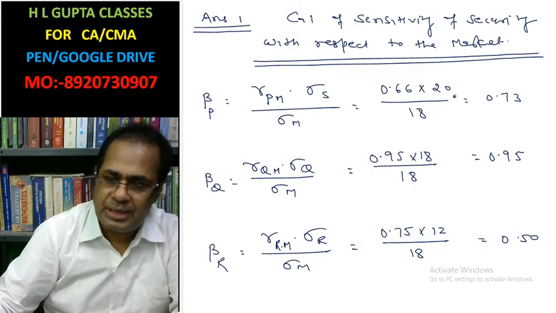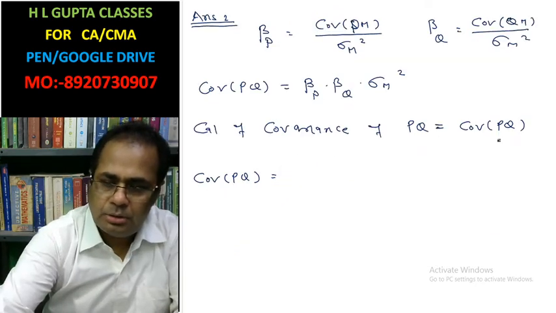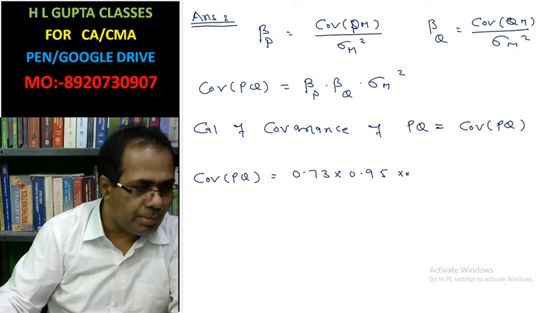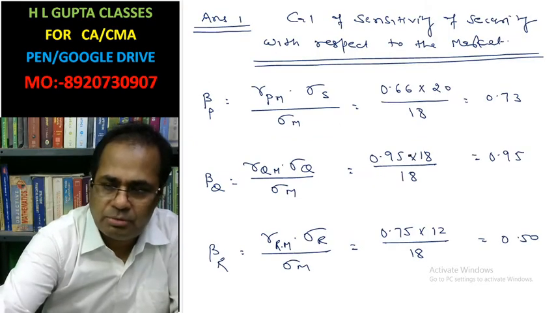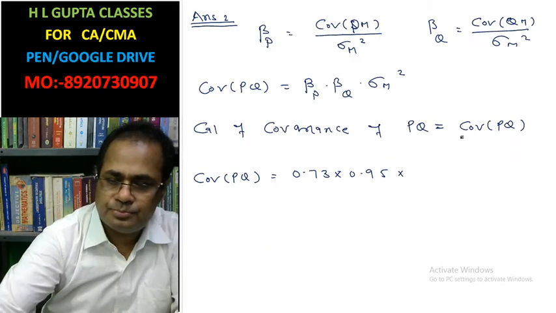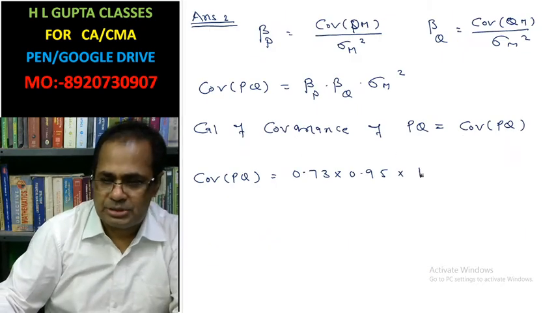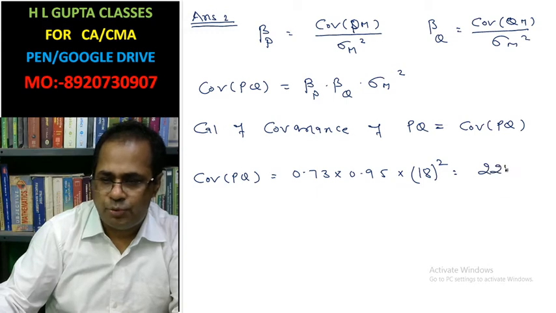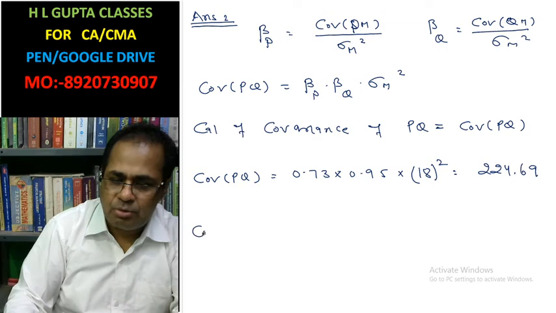What beta of P have you calculated? 0.73, beta of Q 0.95, into market squared. Market is given as 18%. 18 squared, and you will have 224.69.